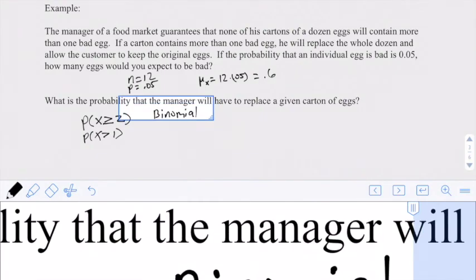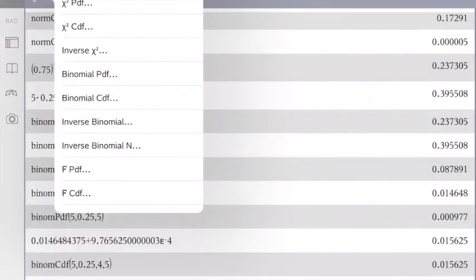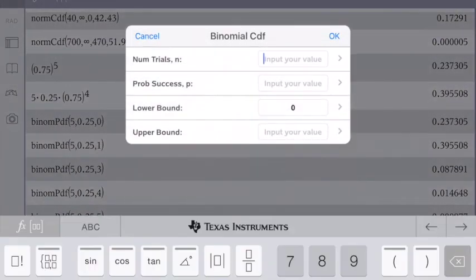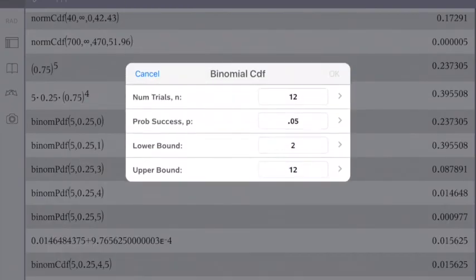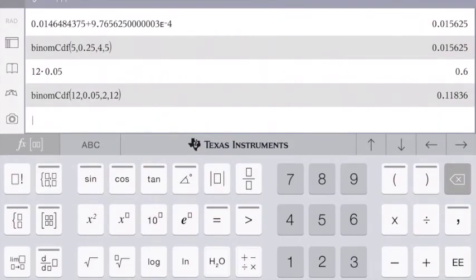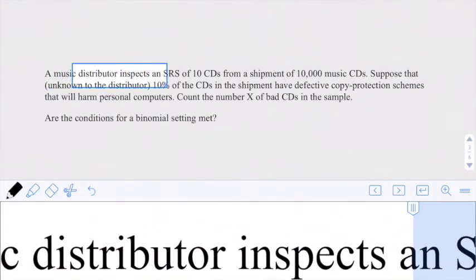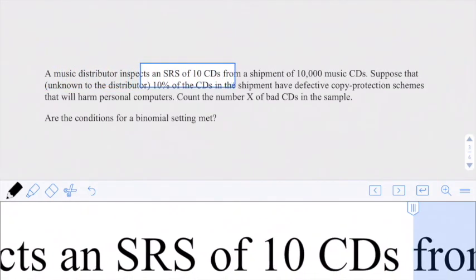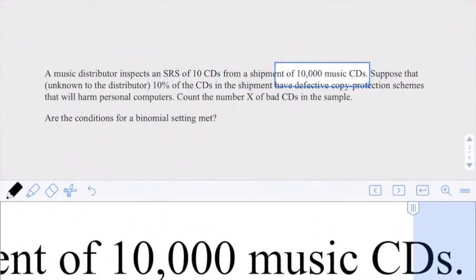This is a binomial distribution. There's n and p. So the number of trials is 12. Probability of success is 0.05. We're going from 2 to 12. 0.118.